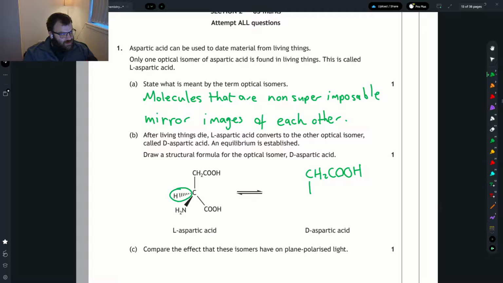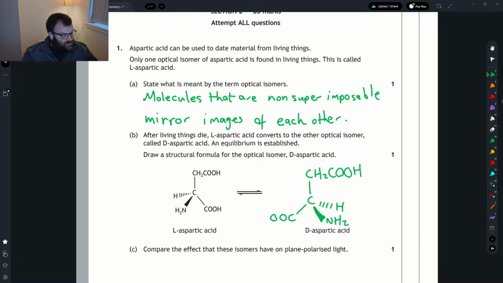We've then got our hashed line going down to the left, and we want to have our one down and to the right. Then we've got our wedge going down to the left, and let's make that go down and to the right. Then we've got a normal bond going down to the right and the original, so down to the left.